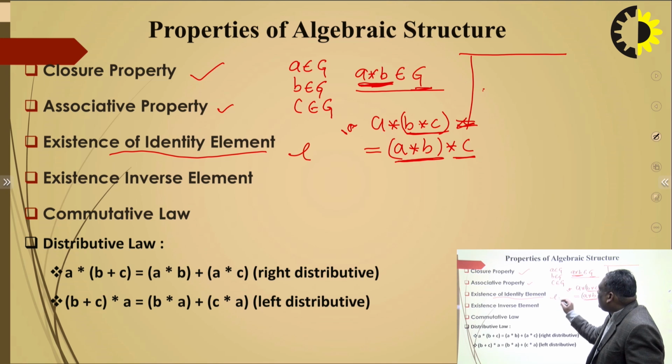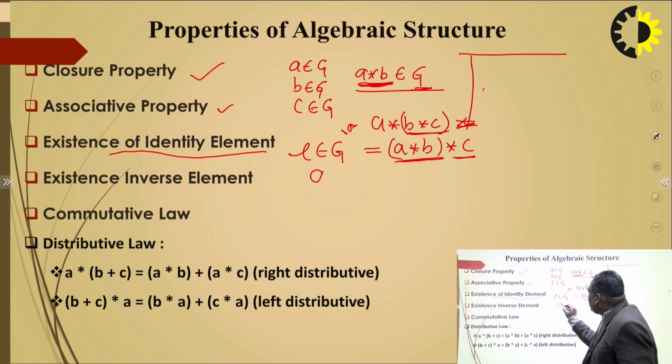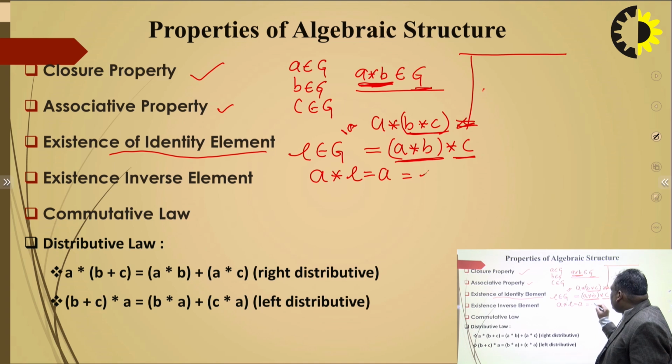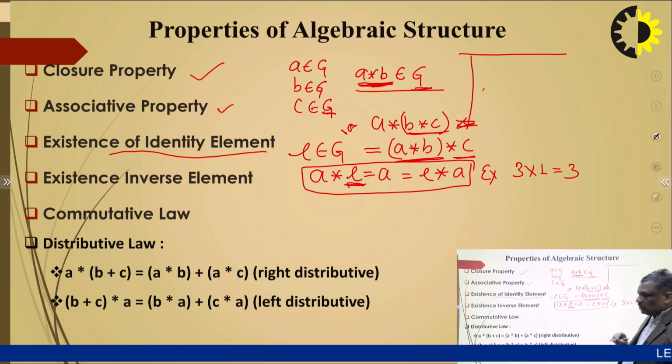Suppose E is an element of G, and A binary operation E equals A, or E binary operation A equals A. If we have this type of configuration, we can say that E is an identity element in group G. Let us take an example: 3 multiplied by 1 is equal to 3, so here 1 is the identity element.